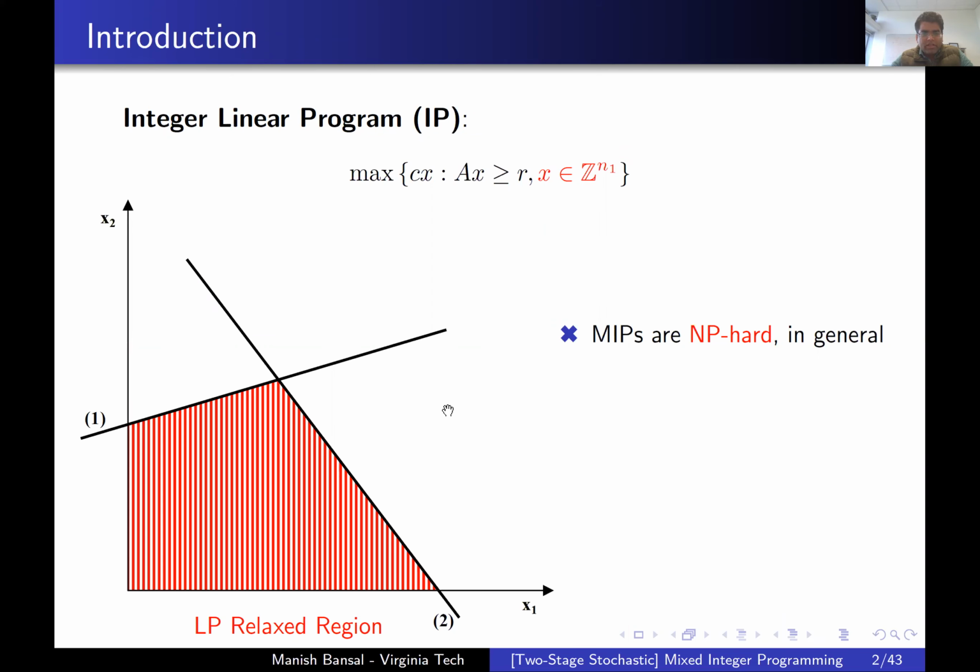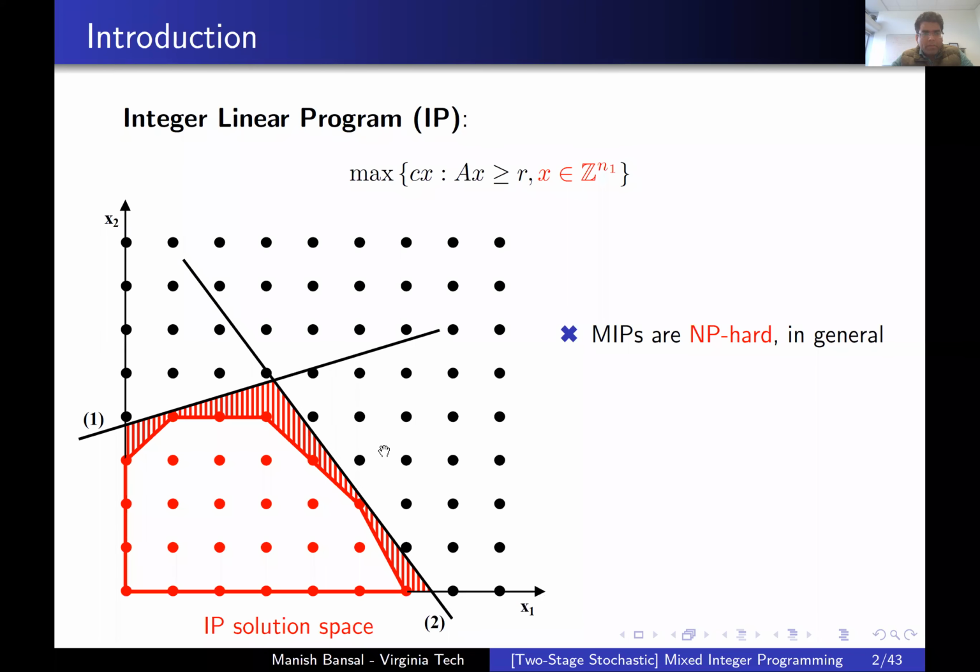So here is an example of the LP relaxed region for an integer program with two integer variables, x1 and x2. Now let's say this region within this red boundary represents the convex hull of the set of integer solutions to this integer program.